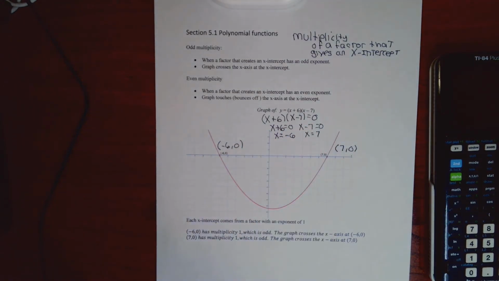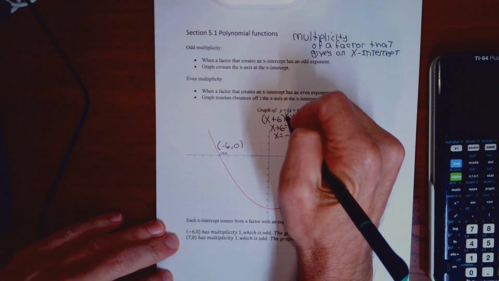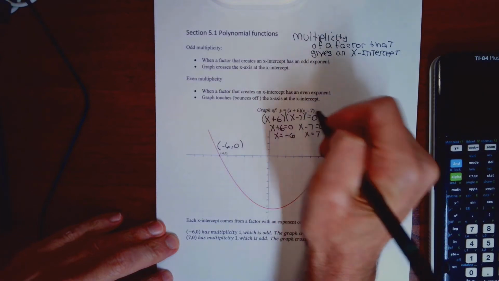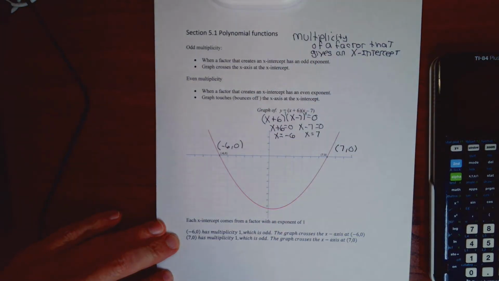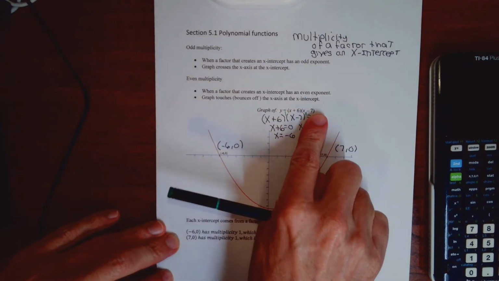What's going to be new and important is the concept of multiplicity. The multiplicity of a factor is the exponent it has once the polynomial is factored. Both the factor x plus 6 and the factor x minus 7 had an implied exponent of 1.